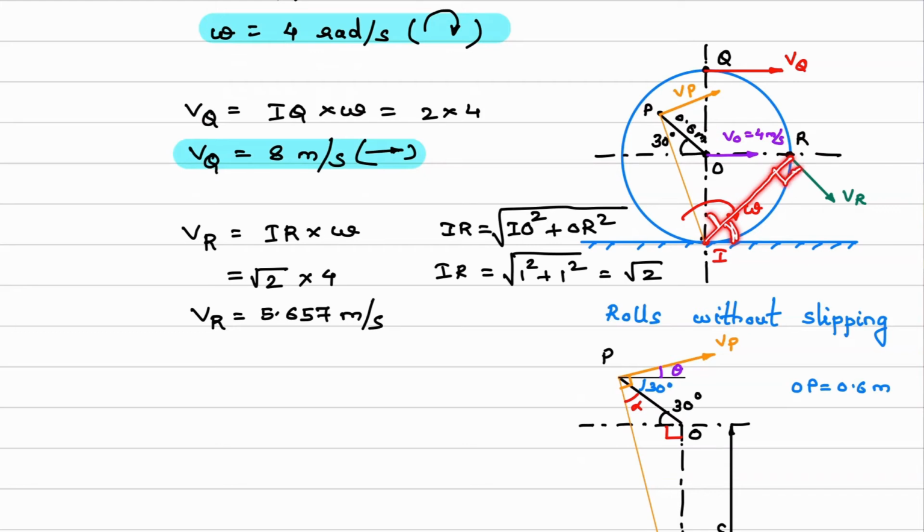So this angle will again be 45 degree. Why? Because if you consider this angle, it is 45, so alternate angle will be 45. This is 90, so this angle will also be 45. So angle of VR, we can show now, it is 45 degree.